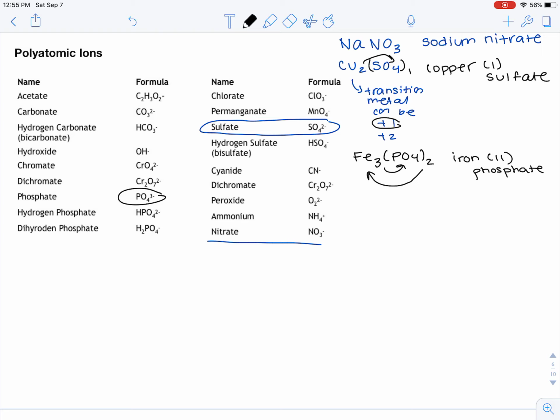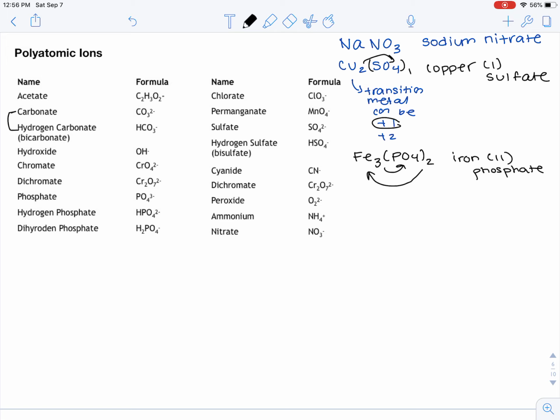Now, only knowing the polyatomic ions is not enough because there are certain rules that apply when a hydrogen is added to a polyatomic ion or oxygens are lost. So, for example, look at the example right here between carbonate and hydrogen carbonate.